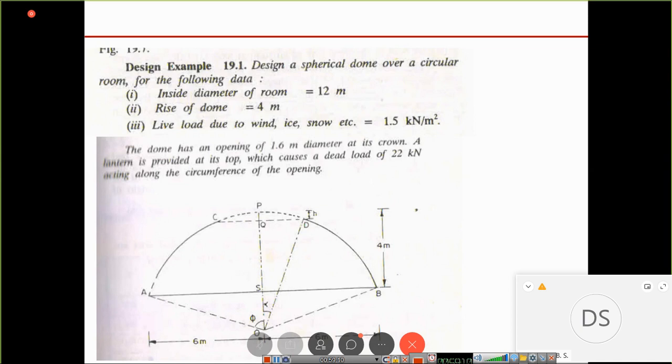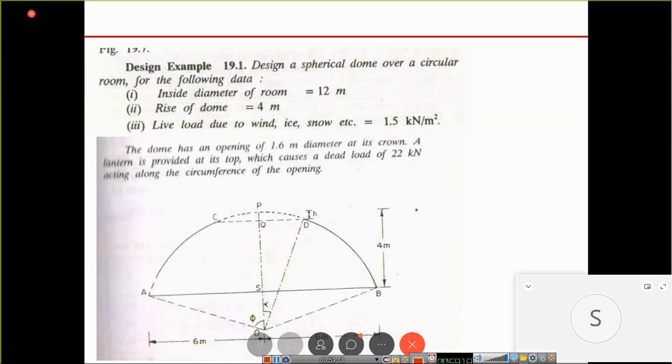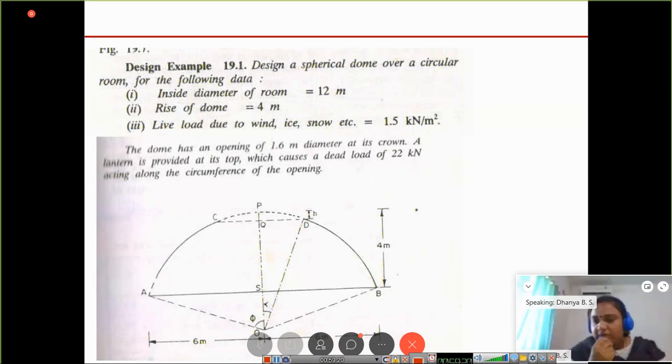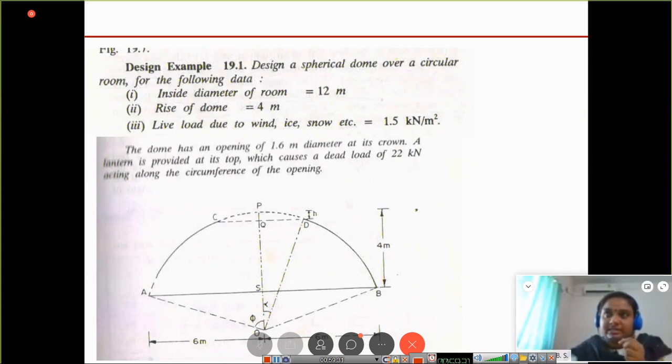Another question: how do we fix the value of rise of the dome? Is there any IS specification? I don't think we have an IS specification for this. Normally it's the geometry of the dome that decides this.